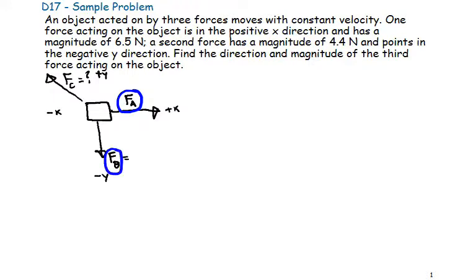And so the question is, find the direction and magnitude of the third force acting on the object if the net force is 0. When we set this up in variable form, we have the forces FCX, FCY, and we've got to figure out how much those are to be able to figure out what this third force is here.